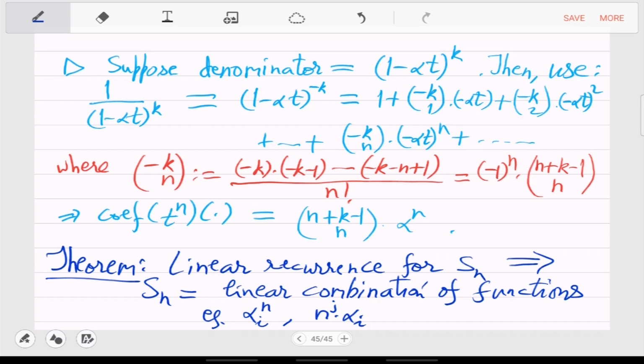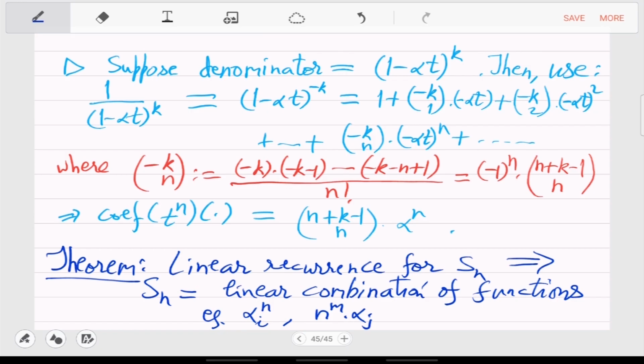Okay, so whatever is the, let me call this maybe m. So if alpha I is a root that doesn't repeat, then you will get alpha I to the n in the place. I mean, you would express Sn as a linear combination. So in the ith place, you will get alpha I to the n.